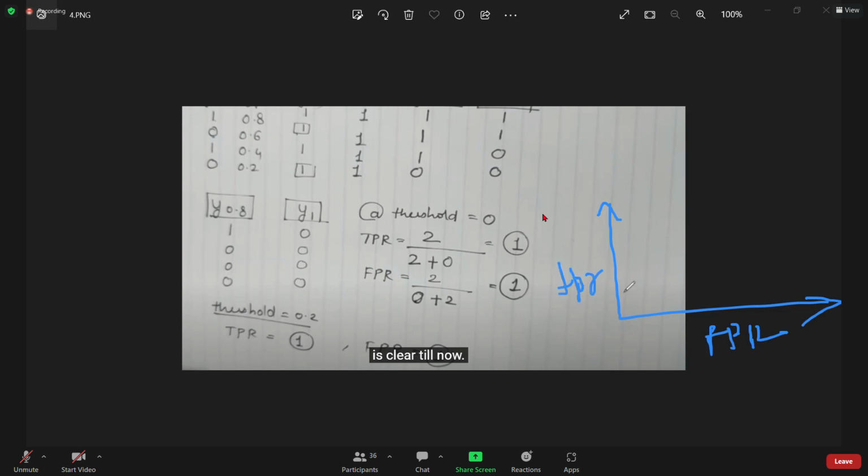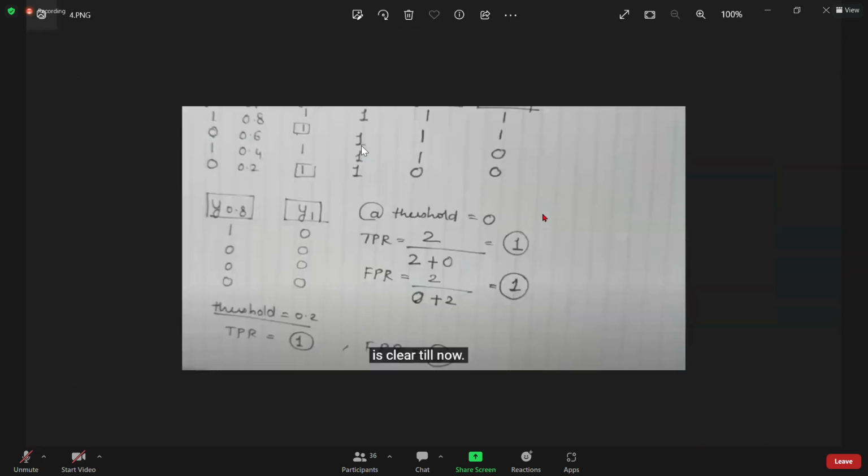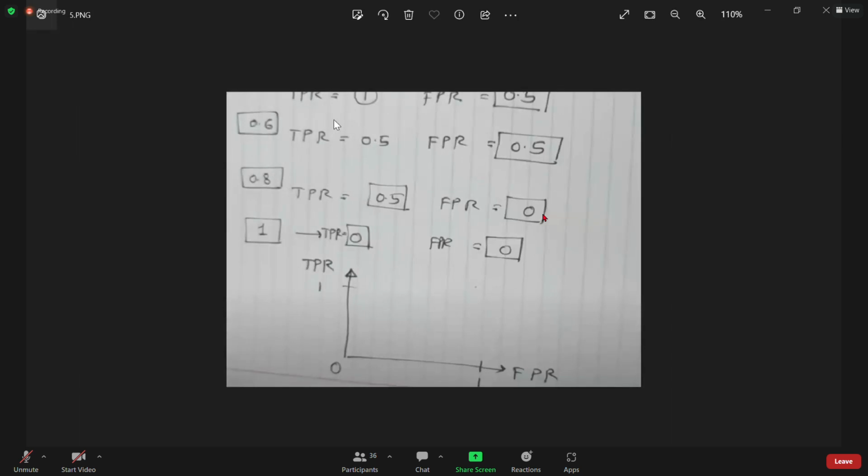So at threshold 0, what is the value I got? 1 and 1, isn't it? Similarly at threshold 0.2, can we get 1 and 1? At 0.4, and at 0.6, the values are 0.5 and 0.5.